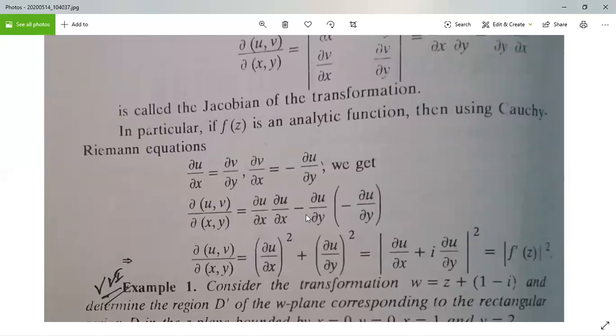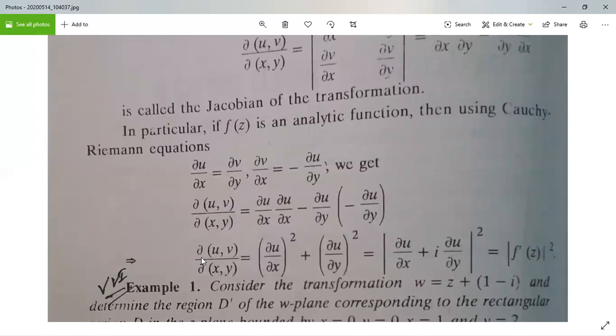Finally, our Jacobian of u, v with respect to x, y equals del u by del x whole square plus del u by del y whole square, which is also equal to the modulus of del u by del x plus i del u by del y whole square, which equals mod f prime z whole square.